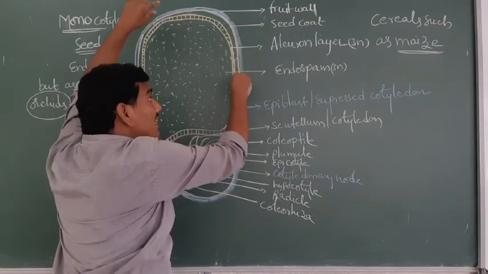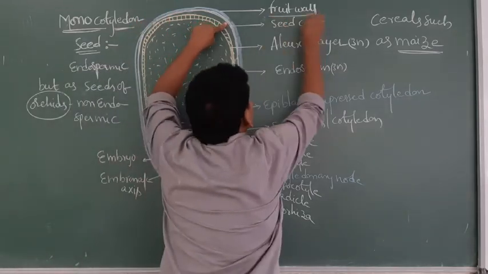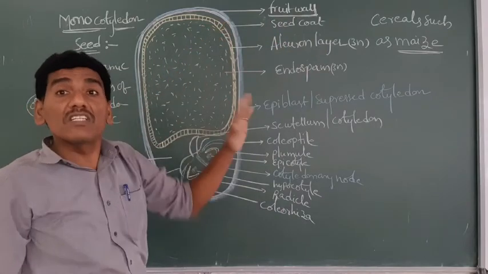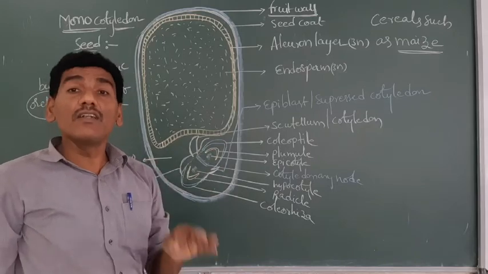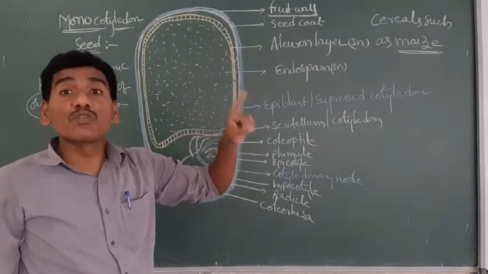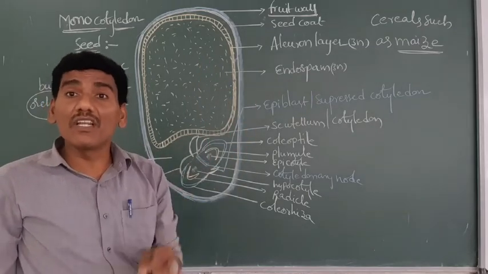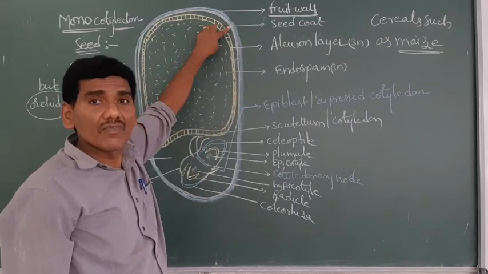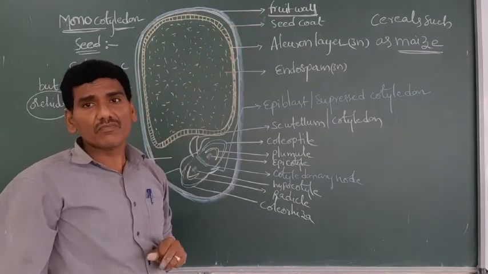The seed coat is membranous and generally attached with the fruit wall. This condition is absent in a dicotyledon seed. In dicotyledon seeds, the seed coat is not attached to the fruit wall, but in monocotyledon seeds, especially maize, the seed coat is membranous, generally attached to the fruit wall.